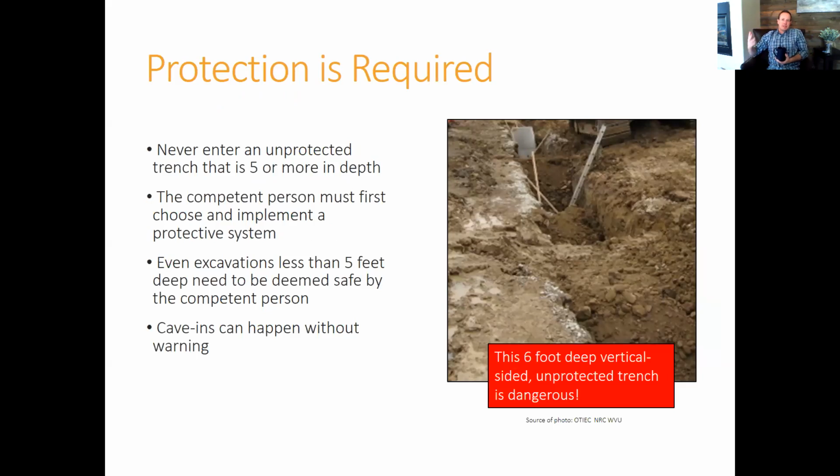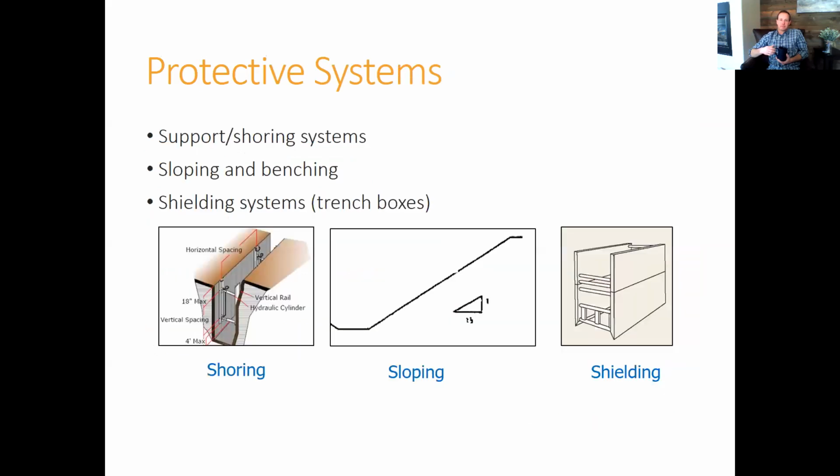Okay, so I've already talked about this. We need to protect trenches over 5 foot in depth. That is our magic number. We've got different types of protective systems. Three different types.